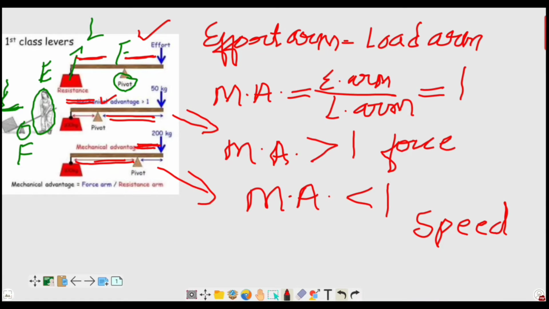So what we have concluded, that class 1 lever, there are 3 possibilities depending upon the position of fulcrum. MA can be 1, greater than 1, less than 1. So it can act as a force multiplier, speed multiplier, or used to change the direction of effort. But everything depends upon the position of fulcrum.